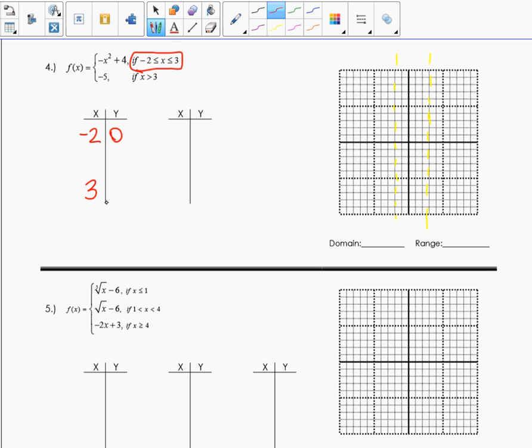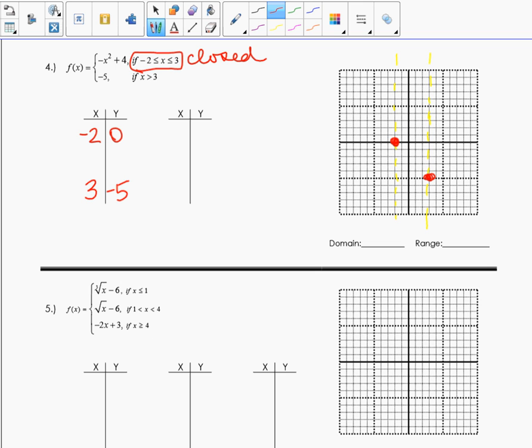Okay, and when x is 3, you should get a value of -5. So those are both closed circles because of the equal to, so they're both closed. Okay, so at -2, we're at 0. And at 3, we're at -5. Okay, sorry, my points are kind of big tonight.